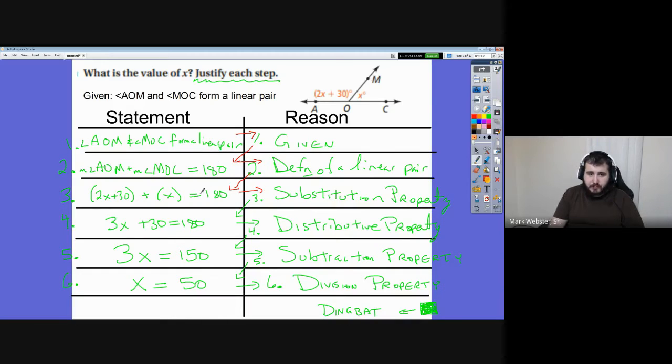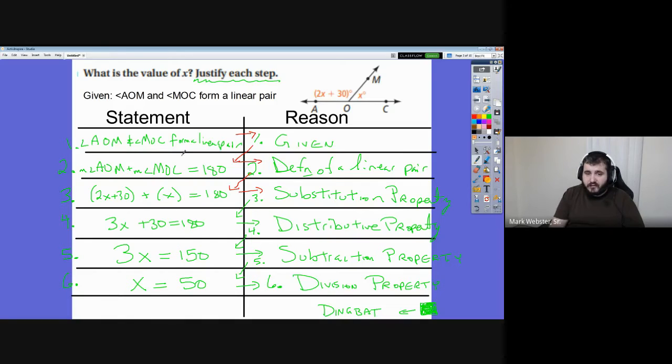How did I go from step 2 to step 3? I used what? How did I go from step 3 to step 4? I used what? How did I go from step 4 to step 5? I used what? How did I go from step 5 to step 6? I used what, and so on and so on, until you have the final thing that you are looking to come up with.